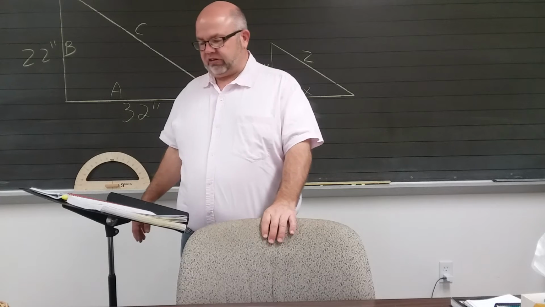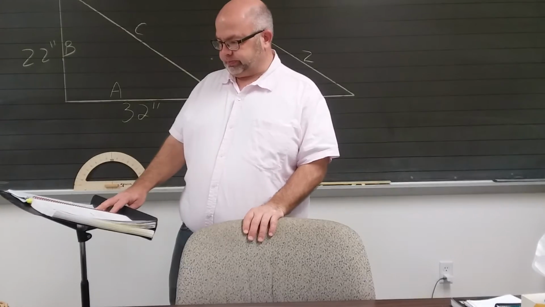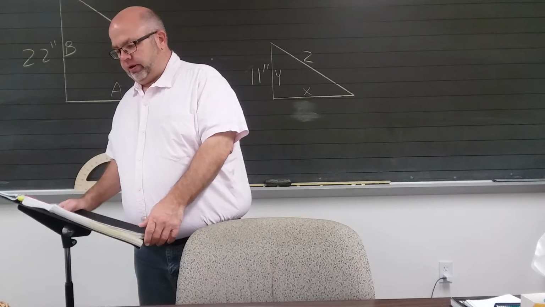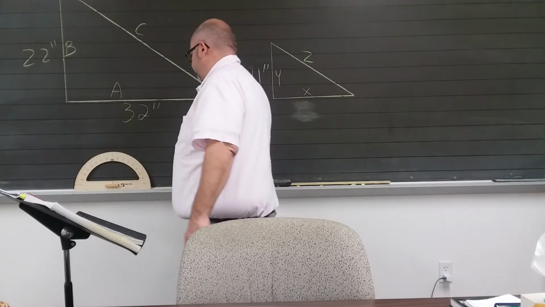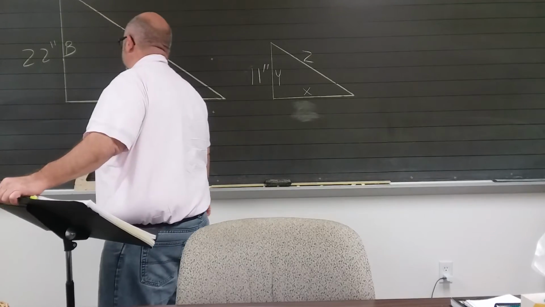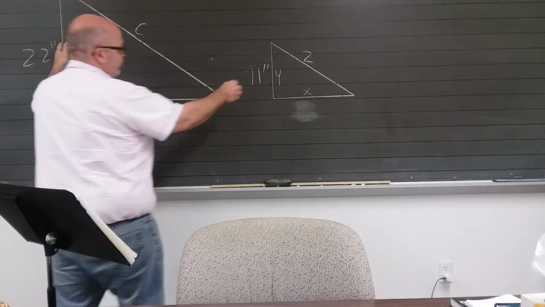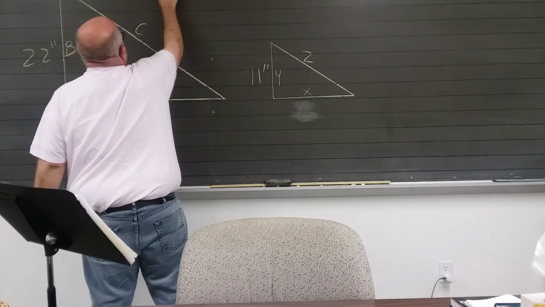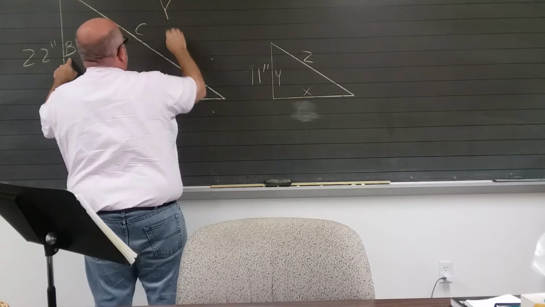All right, let's look at lesson 151 first. Turn to 151 if you want to. We've already talked about using proportions to name the sides of similar triangles. So the proportion is the corresponding sides over corresponding sides. So we have B over Y, right?